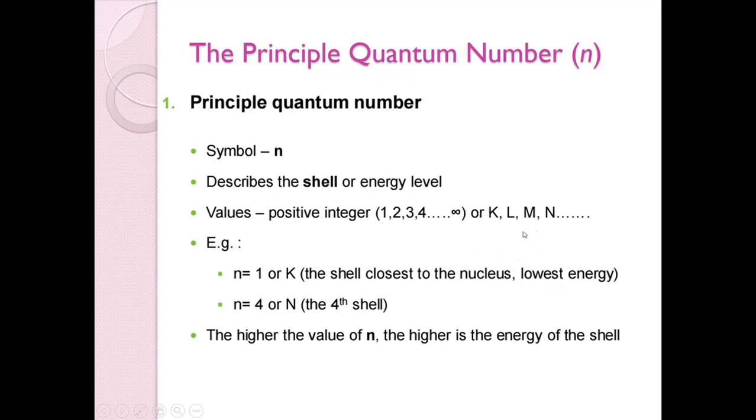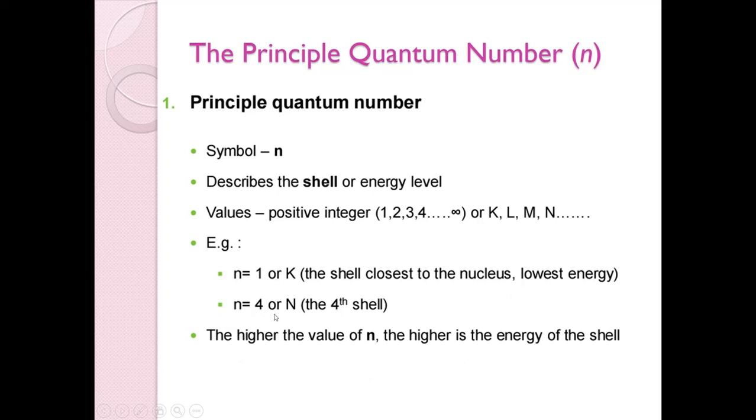Maksudnya bila dalam elektron tu, nucleus di tengah kan. So dia ada bulatan yang first tu. Yang first tu adalah kita panggil N equal to 1. Yang paling dekat dengan nucleus. And it has the lowest energy compared to other shells.